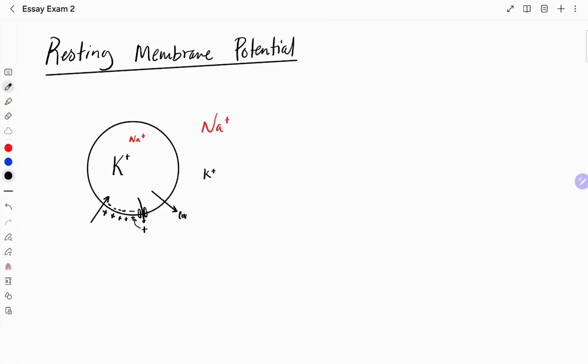So this would be the concentration gradient, and this would be the electrical gradient.